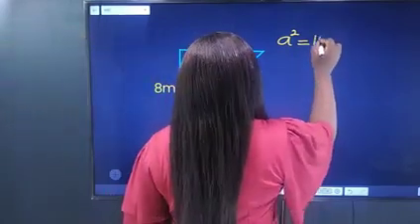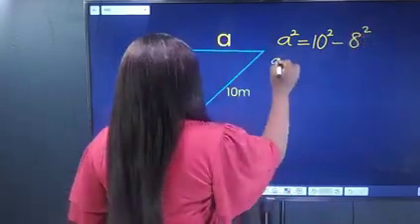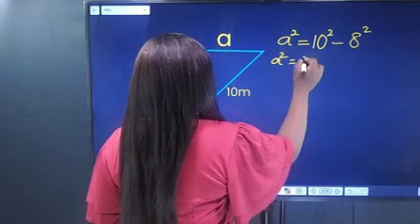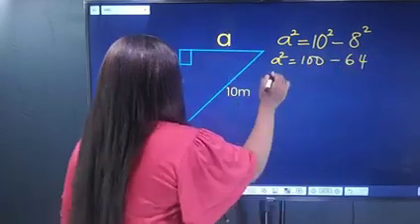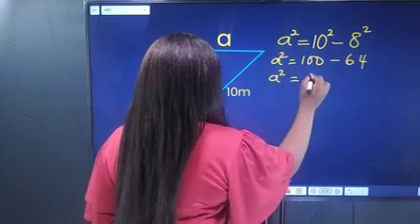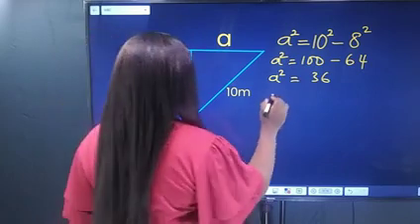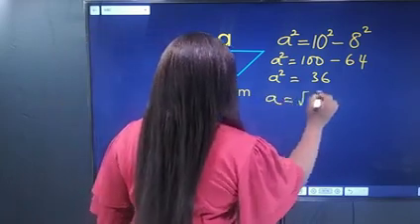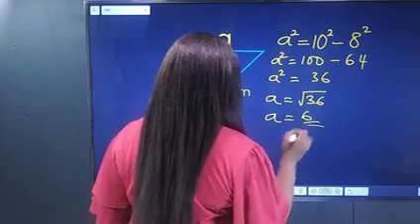So that will be the square of 10 minus the square of 8. So A squared is equal to, the square of 10 is 100, the square of 8 is 64. That's 8 times 8. So A squared is equal to 36. So the square goes to the other side, it becomes square root. So A equals the square root of 36, and the square root of 36 is 6, because 6 times 6 is 36.